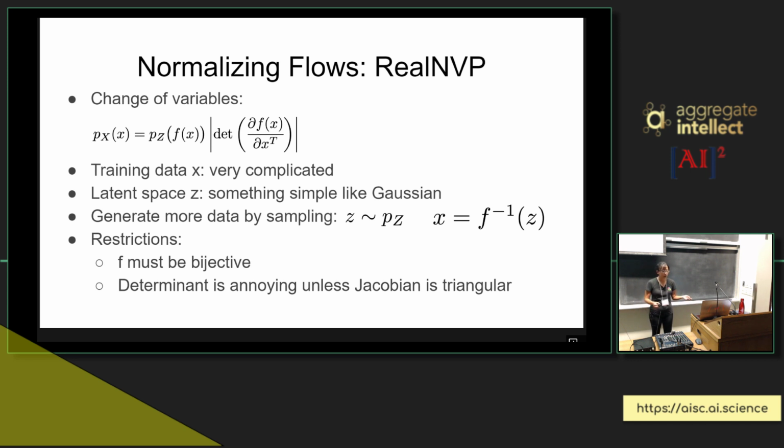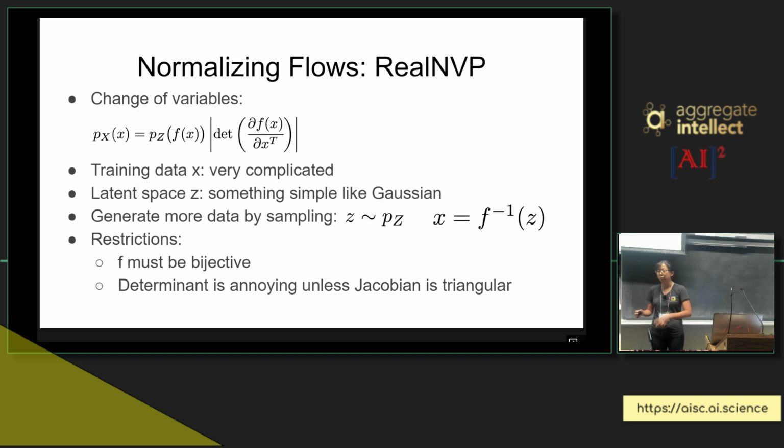And basically, for the Gaussian, we already know its probability density function, so it's really easy to compute the probability of samples. And we also know how to draw samples from it so that we can generate things. So essentially, we're going to learn this function, which goes from our data to a Gaussian space at training time.